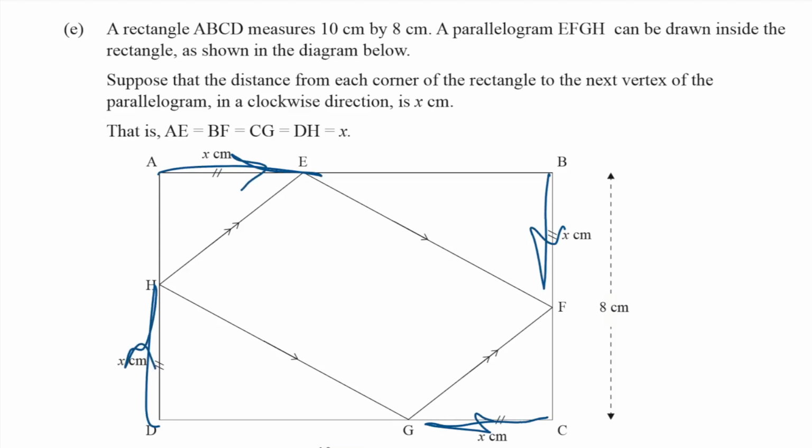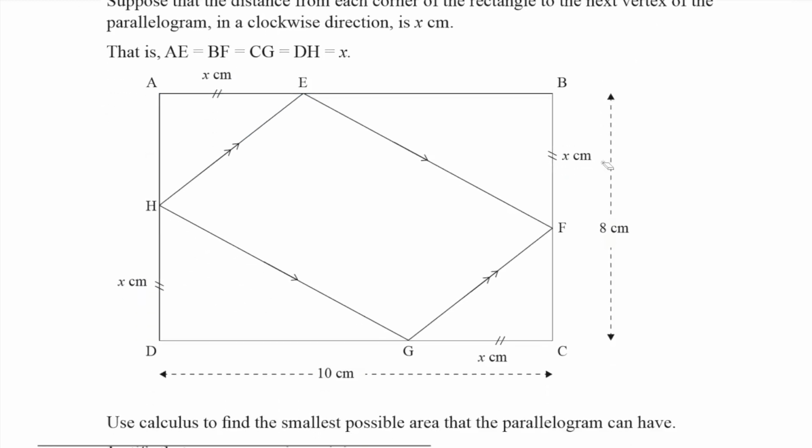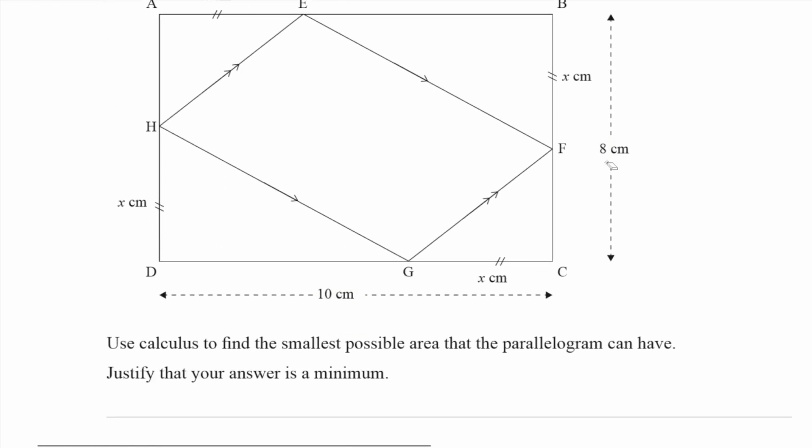So there's some symmetry, a consistent length for that portion. Use calculus to find the smallest possible area that the parallelogram can have in this situation, and we need to justify it.